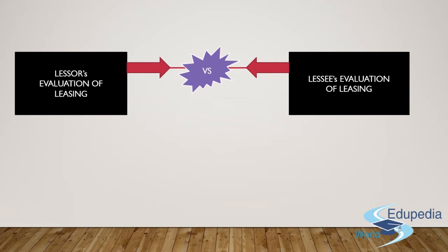You are entitled to provide for the depreciation in your books of accounts as a lessor. The lessor will remain the owner of that asset, and certainly they can reflect the same in their books of accounts and charge depreciation on it. What's the benefit of charging depreciation? Depreciation is a tax deductible expense. So certainly you'll get an advantage as a lessor if you are providing the asset on lease to the lessee.